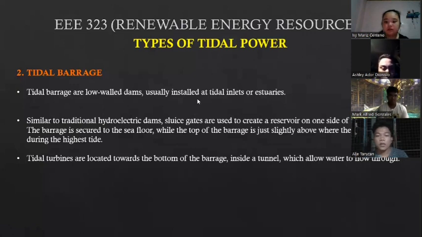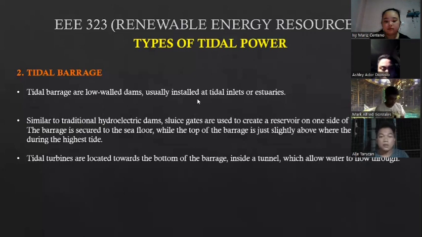Yung tidal barrage nga daw ay isa siyang low-walled dam. Ini-install siya sa isang tidal inlet, o tinatawag na baybayin na nakapaloob sa isang anyong tubig na naghahalo yung alat at tabang na tubig.